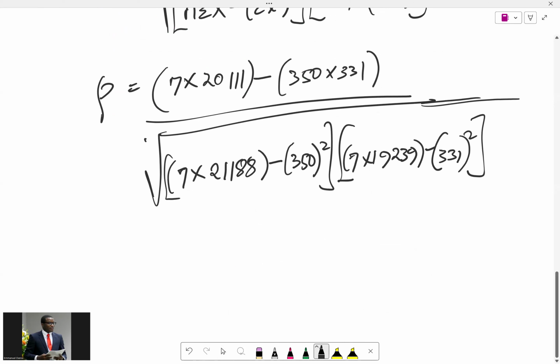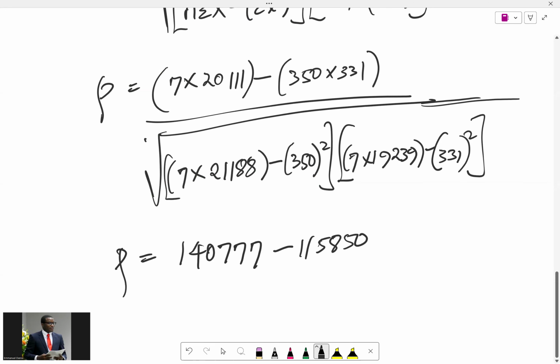So we can go to rho now, the Pearson correlation coefficient. We have 7 times 2111. That is 14,777 minus 350 times 331. That is 115,850.